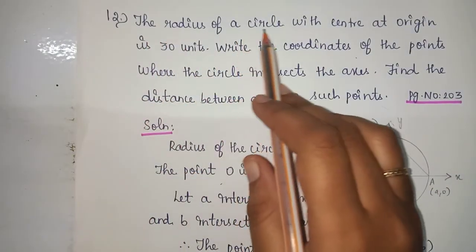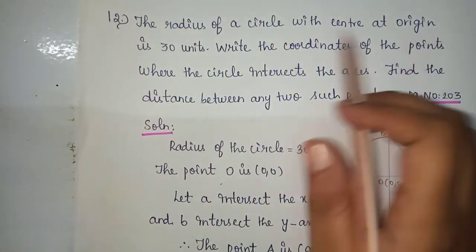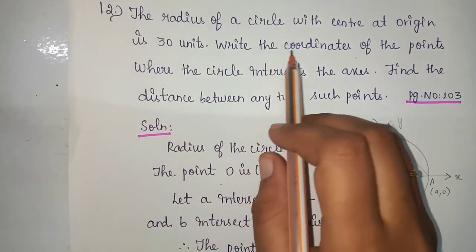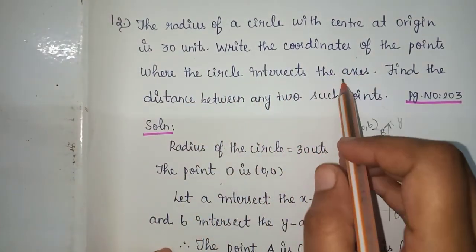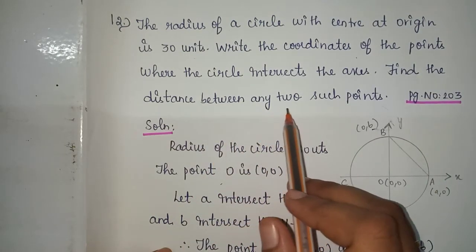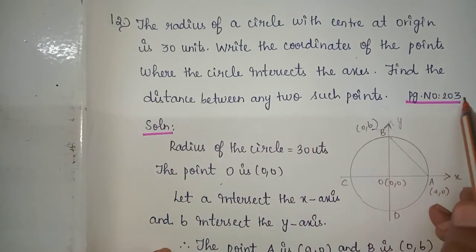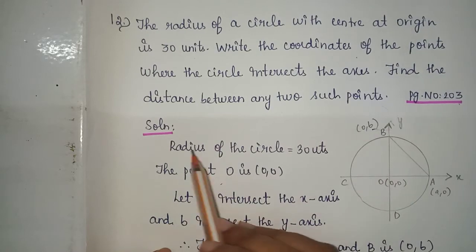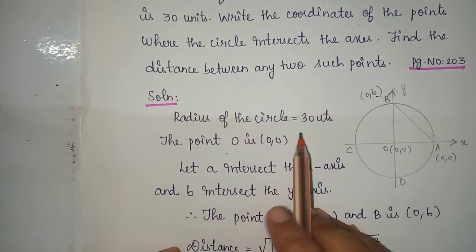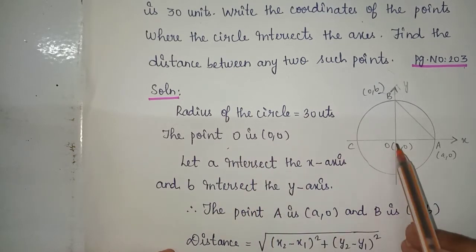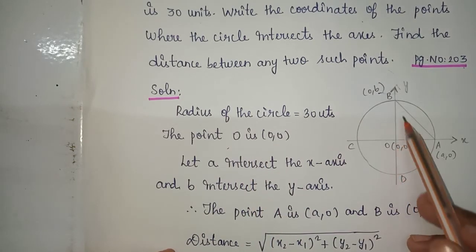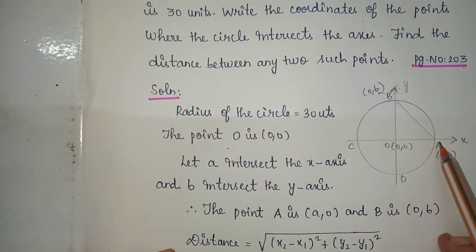Problem number 12. The radius of a circle with center at origin is 30 units. Write the coordinates of the point where the circle intersects the axis. Find the distance between any two such points. This belongs to page number 203. Solution. Radius of the circle is given as 30 units. The point O is 0, 0, that is the center of the circle. We are choosing any point on the circumference of the circle.